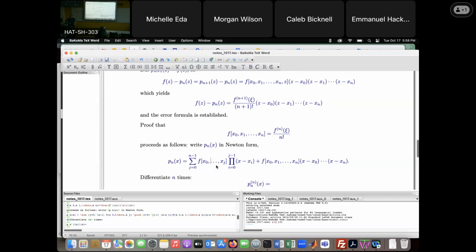Try an example if you want. You will get a constant? Close. 0? Yeah, because take x cubed. 3x squared, 6x, 6, you take it 3 times, you go 1 beyond, you get 0.